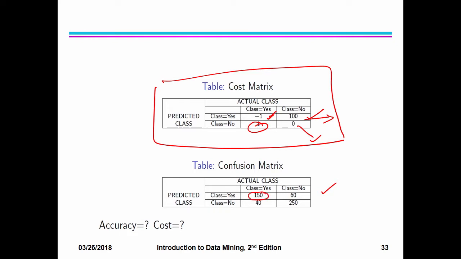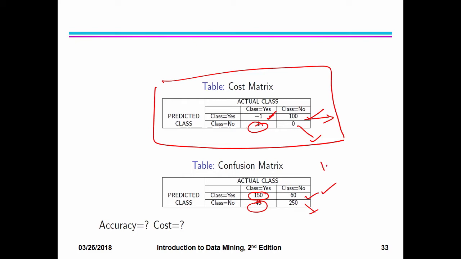Now, this matrix you must have along with the confusion matrix. In the confusion matrix, 150 items are rightly identified, 60 are false positive, 40 are false negative and 250 are true negative. Then you find the accuracy of the classifier. How do you find it? Simply, you multiply the cost with the number of objects present in each individual entity like false positive, true positive, true negative and so on.